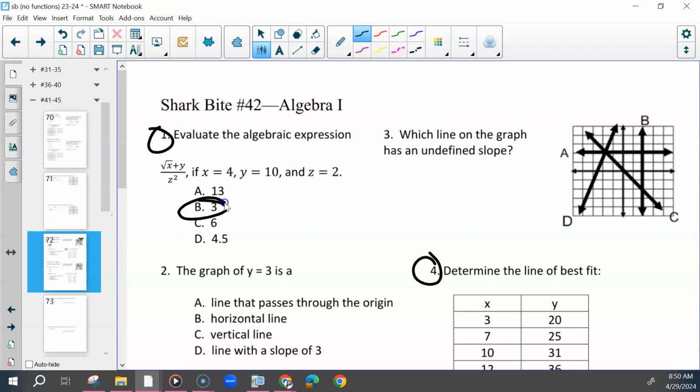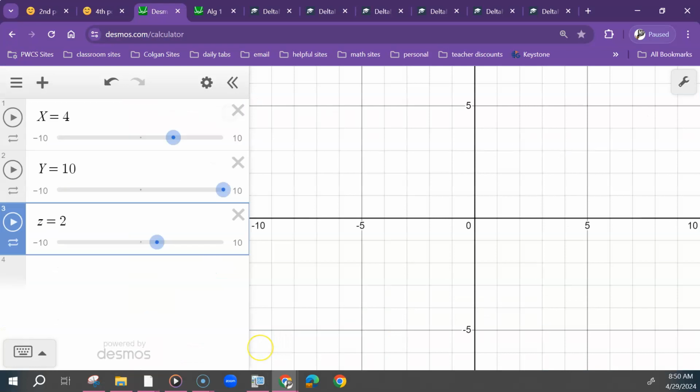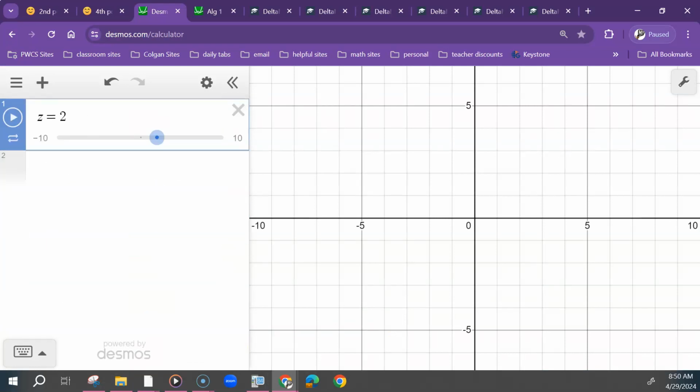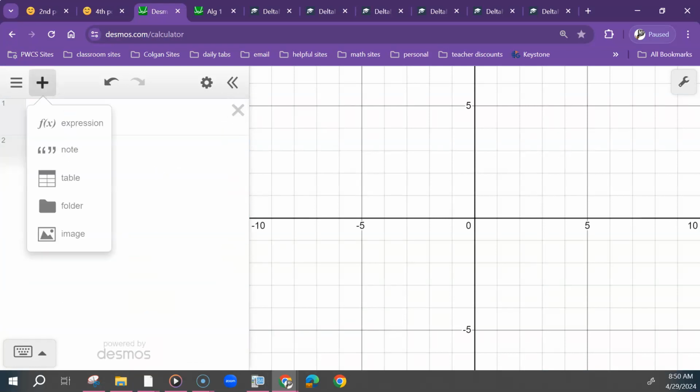Okay. Number 4, you need your line of best fit. So you need to put in your table.